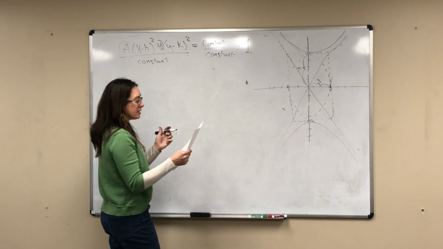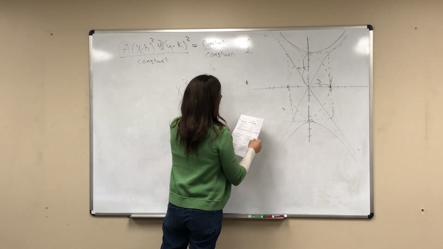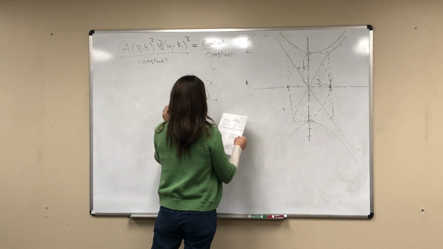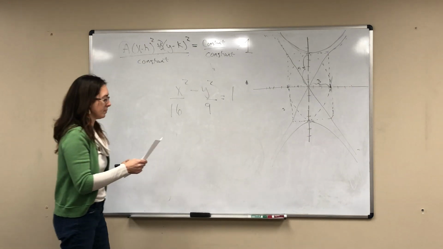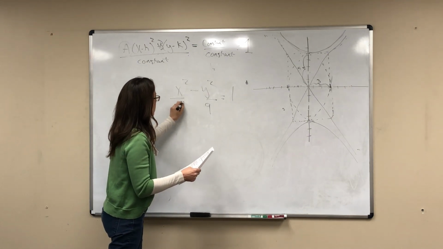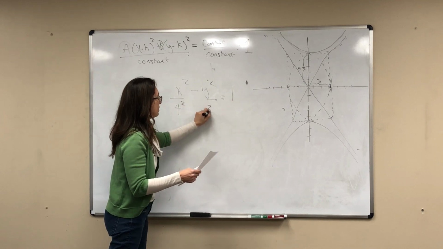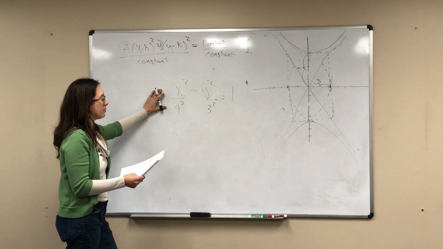Since they are subtracted, it's a hyperbola. I'm just going to immediately rewrite it because I know that 9 times 16 is 144. So I'm swapping them. I'm going to rewrite 16 as 4 squared. Rewrite 9 as 3 squared. So I have rewritten that equation in my hyperbola form.